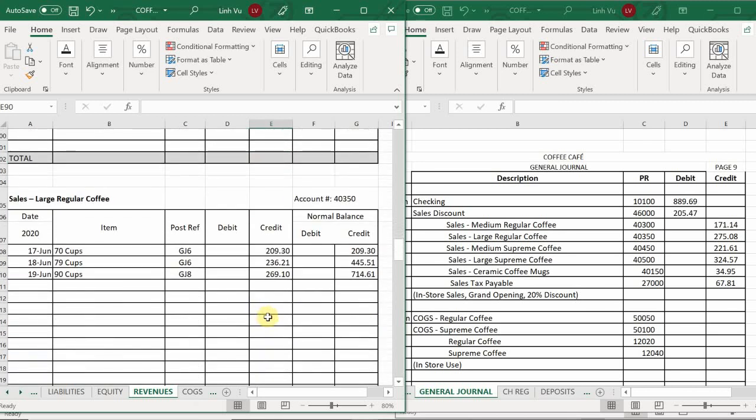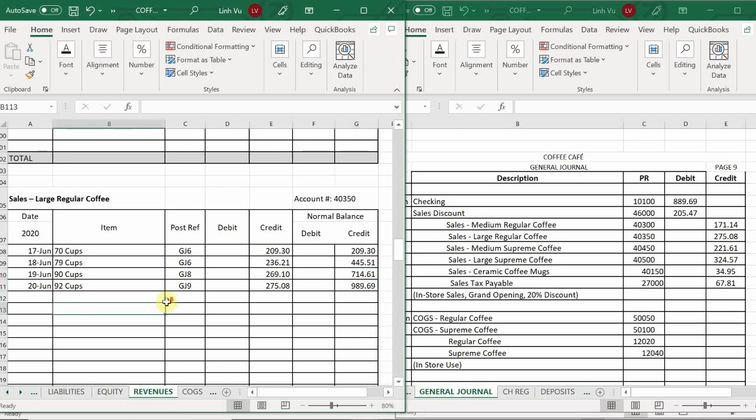Next, let me check what I did here. I messed it up. Okay, so we have the large coffee. It is 92 cups for 275.08 plus 75.08, and so 989.69.